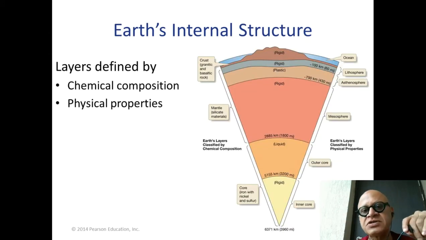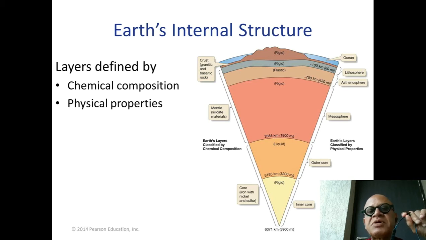So if you look at the Earth's internal structure, then you can describe it in terms of chemical composition or physical characteristics and physical properties. So here you have a conical section through the Earth showing the ocean and the land, and you have crusts which are either under land, which is much thicker here, or under the ocean, which is much thinner.